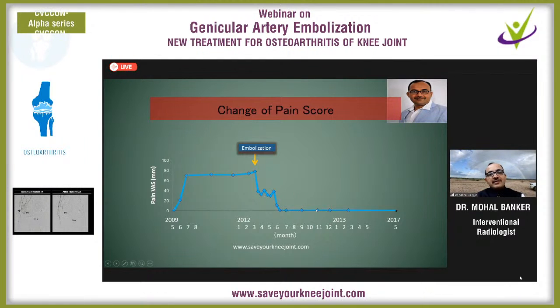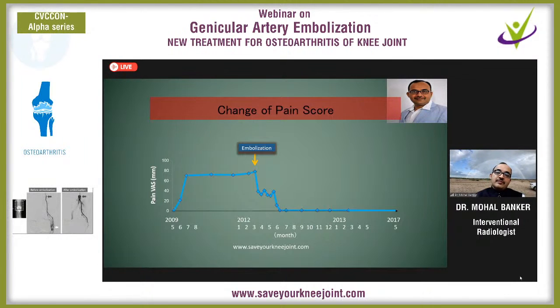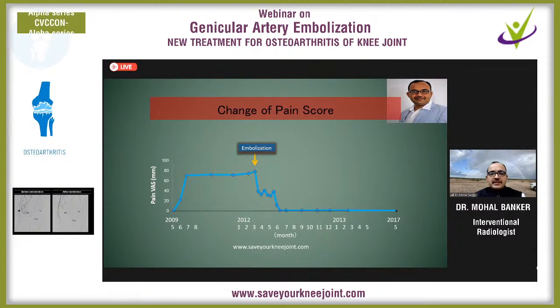So what is the reason for this sudden reduction of the pain? This is a very important etiology to understand. Because of this neoangiogenesis, along with the newly formed microvessels, sensory nerves also develop.